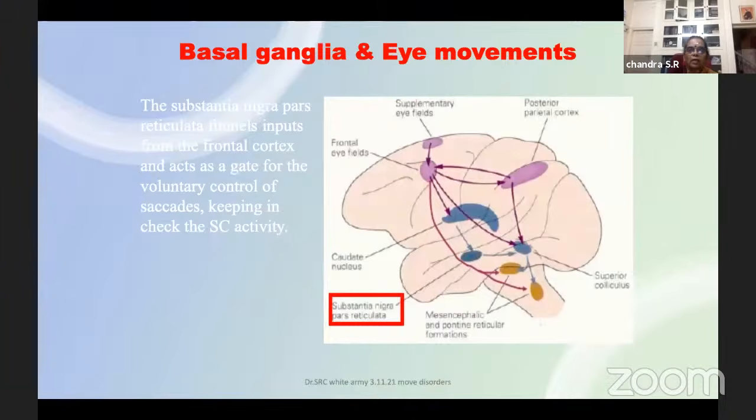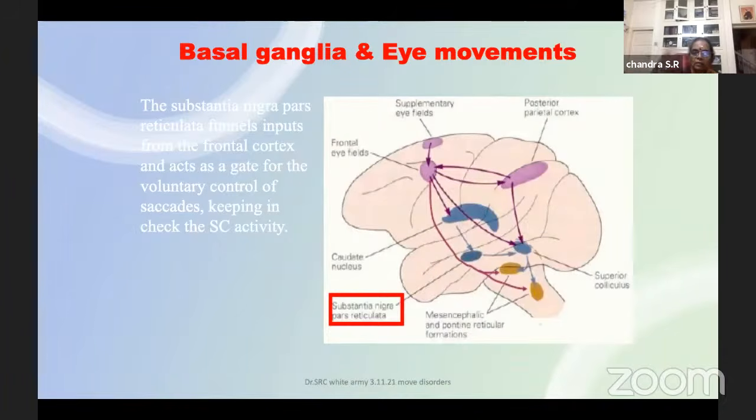Then you have got eye movements, you have got the frontal eye field, you have got the parietal eye field and superior colliculus. They are extensively linked through the basal ganglia. So eye movement abnormality can happen even in idiopathic Parkinsonism, with slowing of horizontal eye movement or cogwheel pursuit.